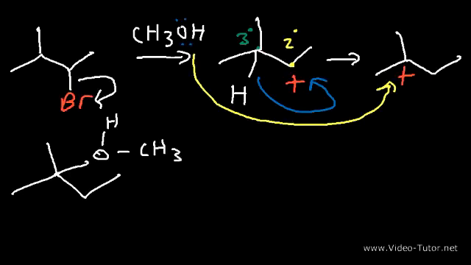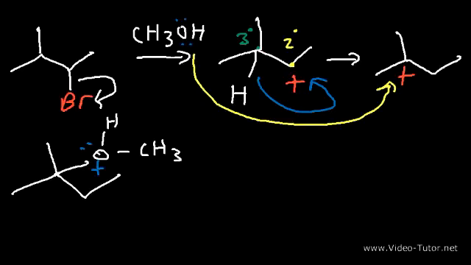And so we have an intermediate that looks like this. Since we have a neutral nucleophile, the reaction will at least take 3 steps to occur. But because of the carbocation rearrangement, there's 4 steps in this reaction.